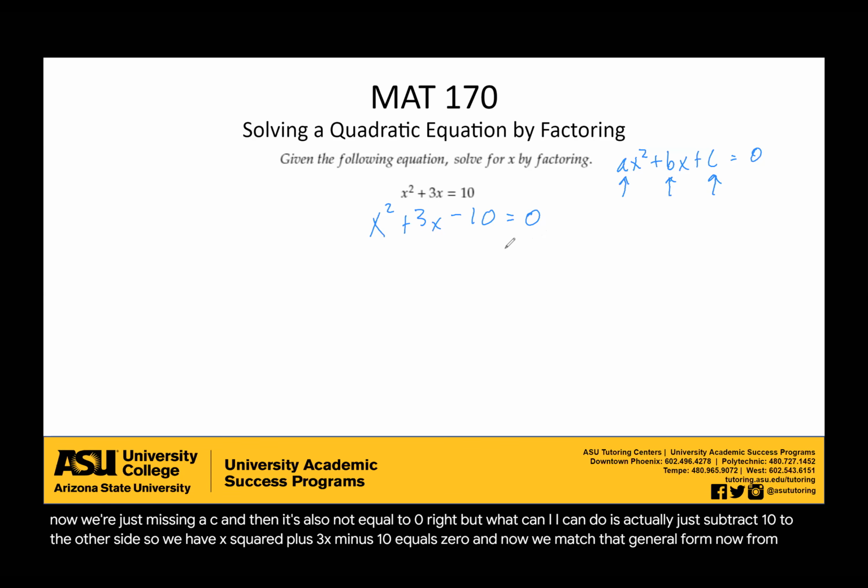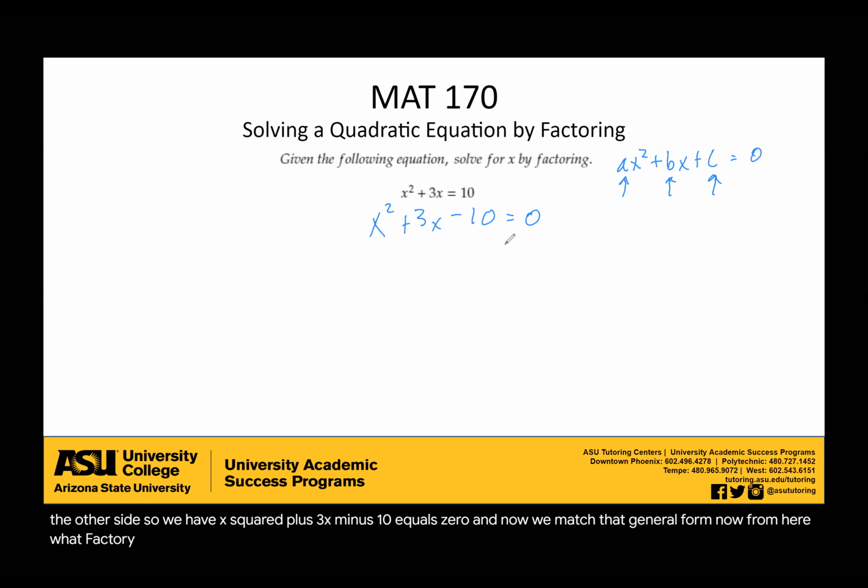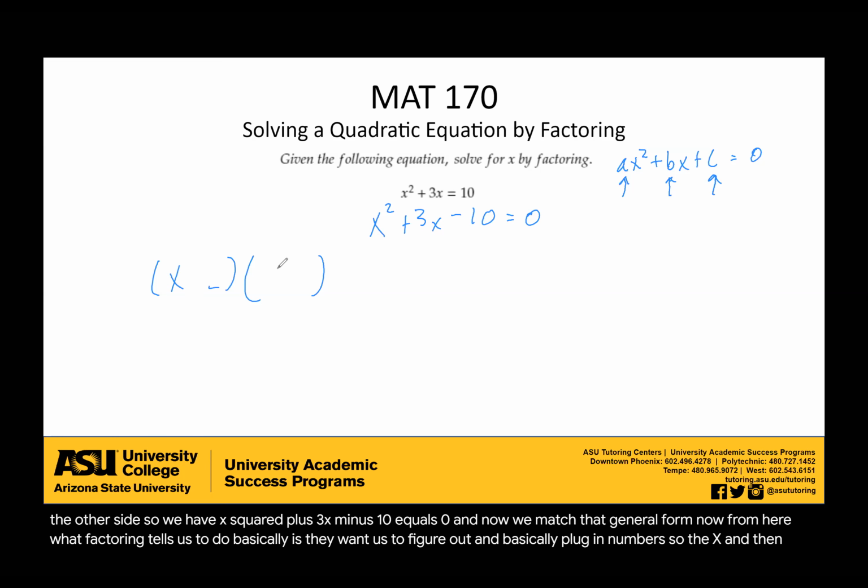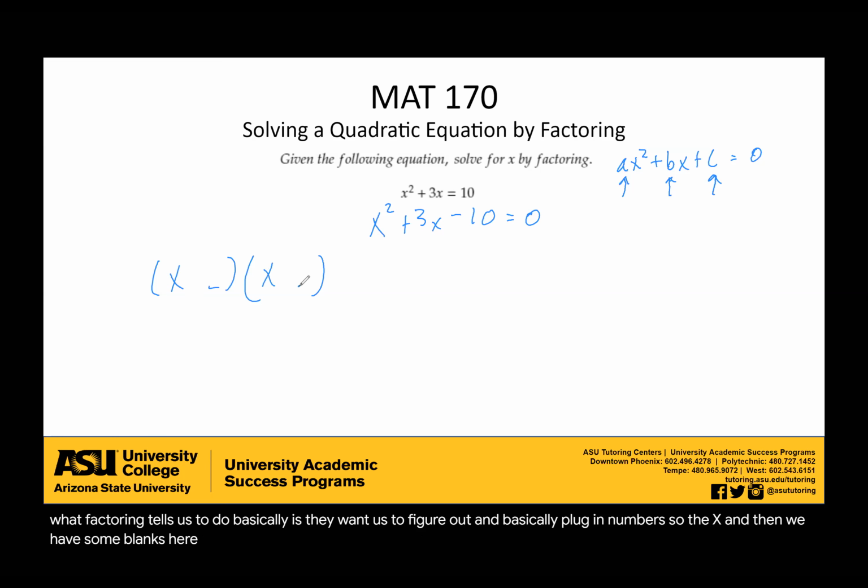Now from here, what factoring tells us to do is figure out and plug in numbers. So it'll be x, and then we have some blanks here. What we need to figure out here, we'll just use pluses as placeholders, is what these numbers equal.